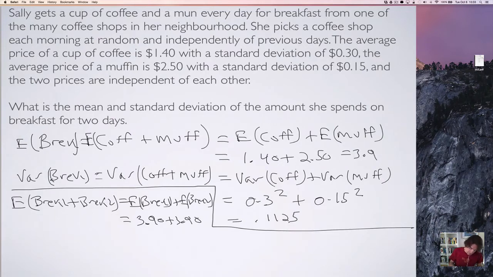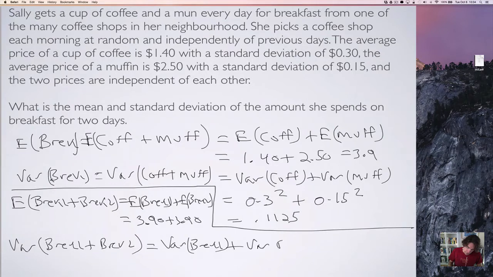The variance of breakfast 1 plus breakfast 2 is again equal to the sum of the variances, the variance of breakfast 1 plus the variance of breakfast 2.